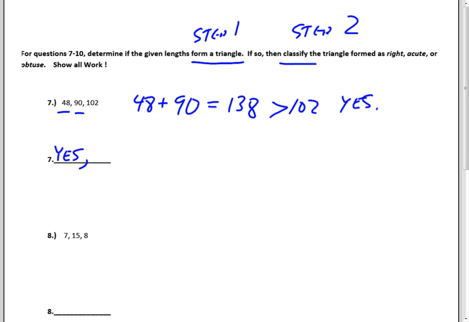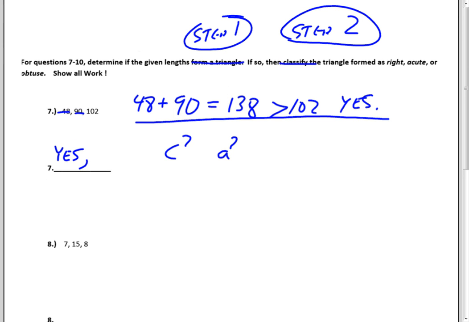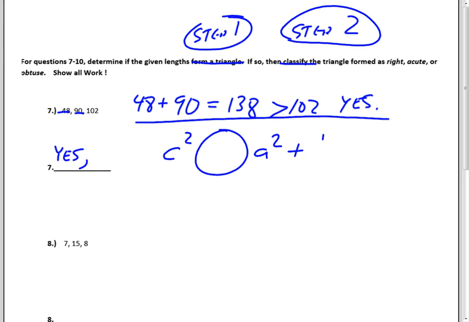Did I square anything yet? No. Now I ignore that. That was step 1. Now I want step 2. I don't know what's going to go in there. It's either going to be this, this, or this.